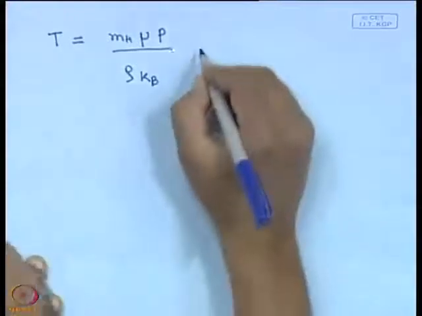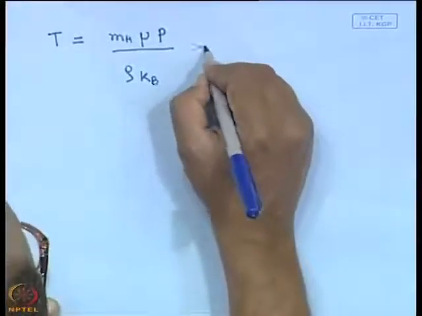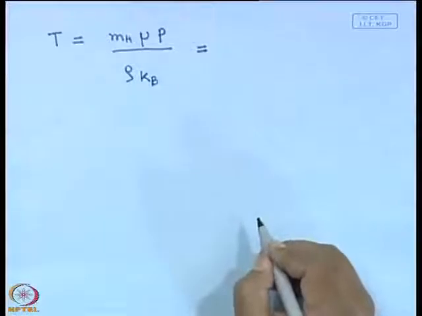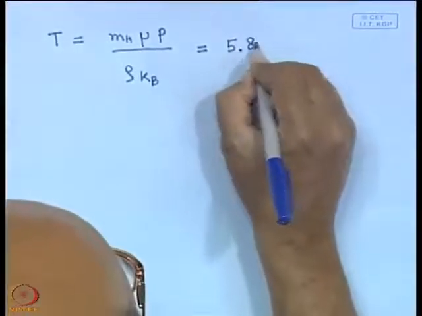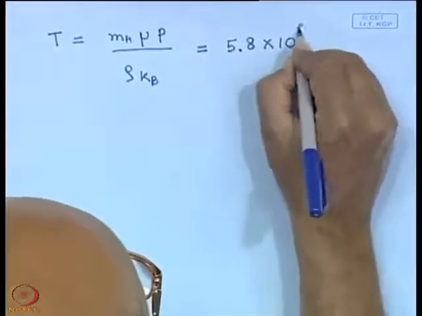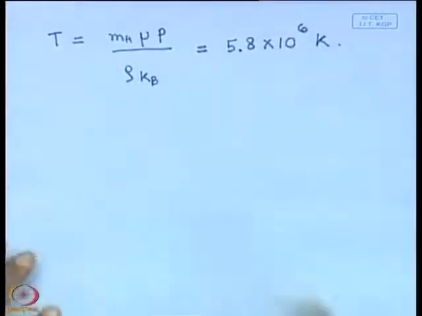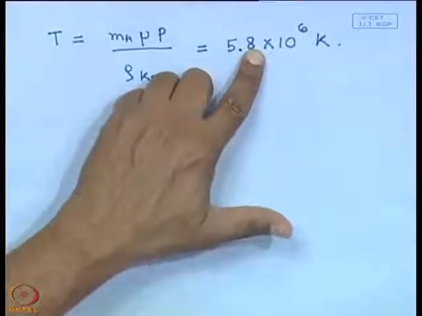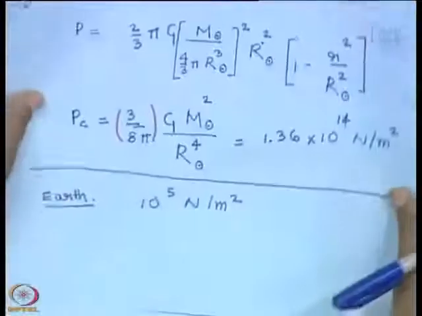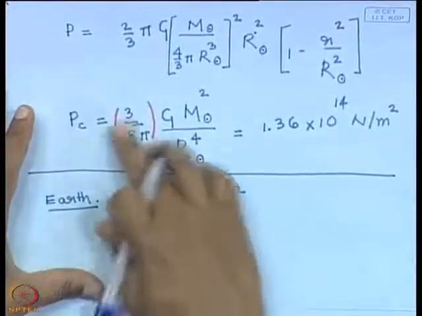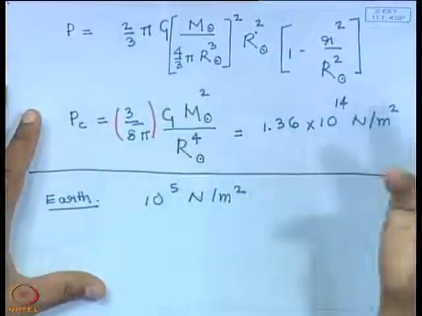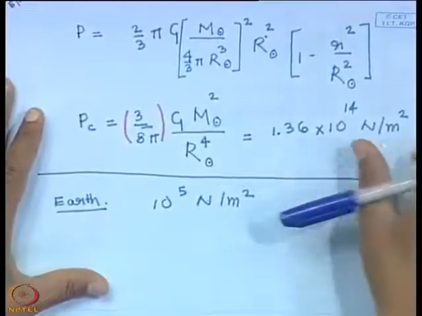The temperature comes out to be equal to 5.8 times 10 to the power 6 Kelvin, somewhere over here. Okay. So again, don't take this number very seriously. The main point is that the temperature also will scale proportional to these factors, and it will have some numerical factor which could be off by an order or so.